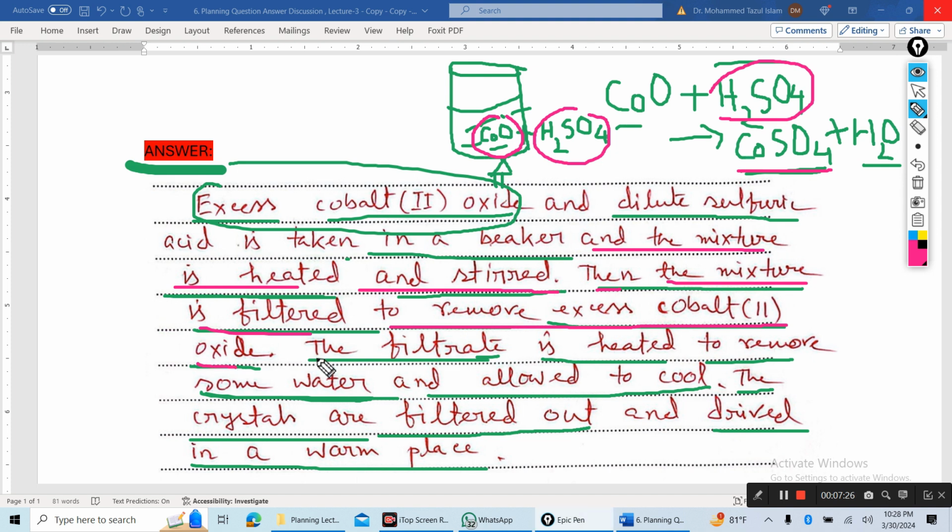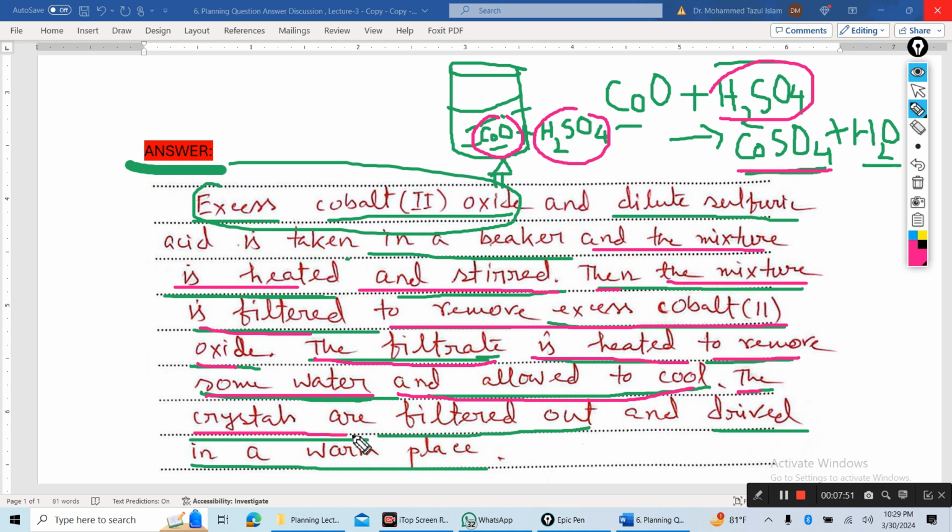After filtration, the filtrate is heated to remove some water, or you can write the filtrate is heated to the crystallization point. The crystallization point is the point at which crystals start to form, and it is allowed to cool.